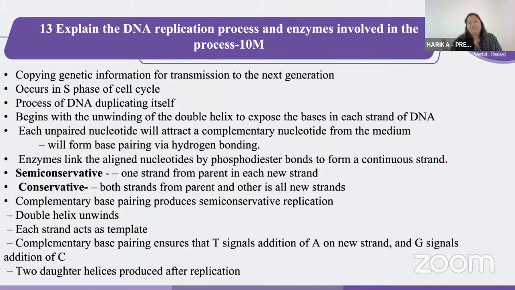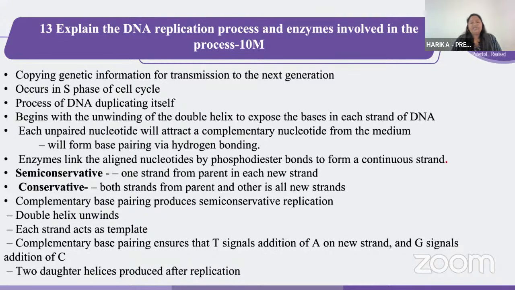Why do you say it's semi-conservative? Because in the replication, one strand will be the parent strand, and the other strand will be a new strand of the DNA. You call it conservative when both strands are parent and the other two are all new strands.